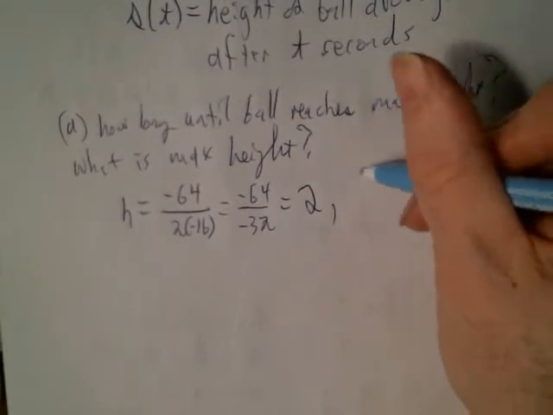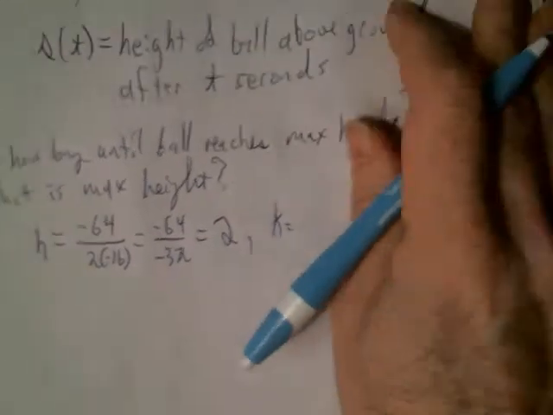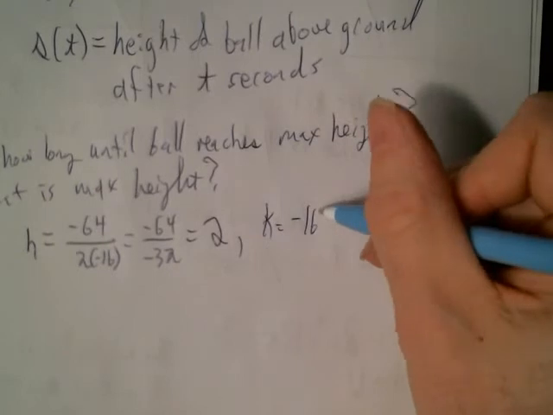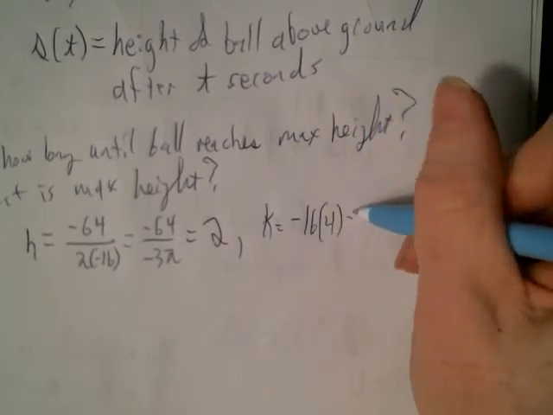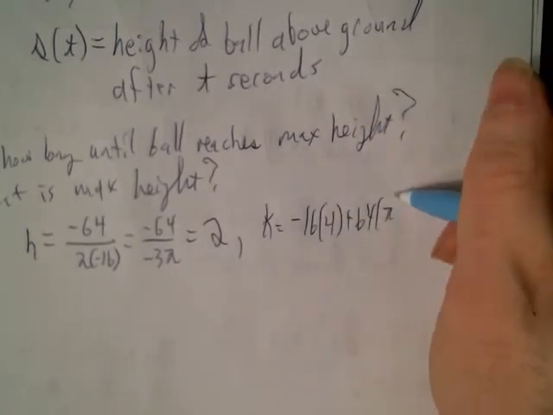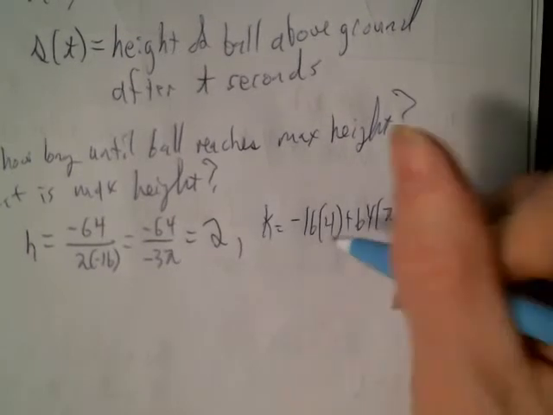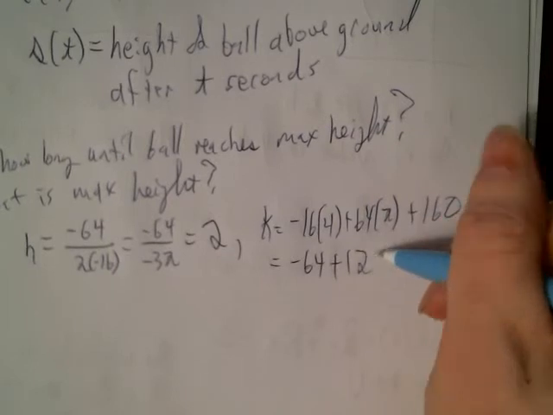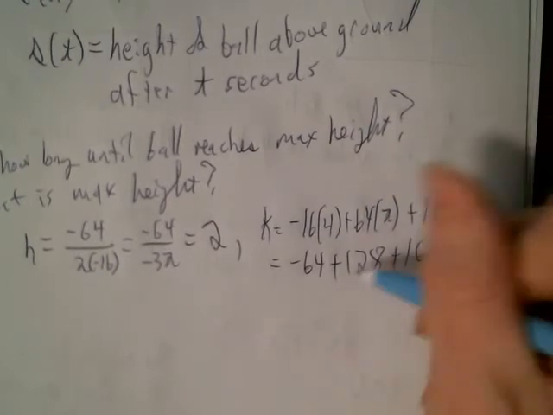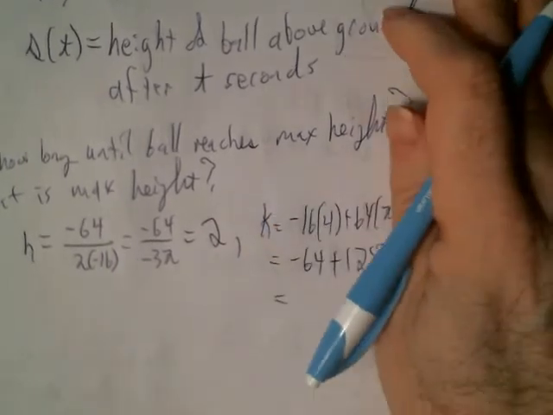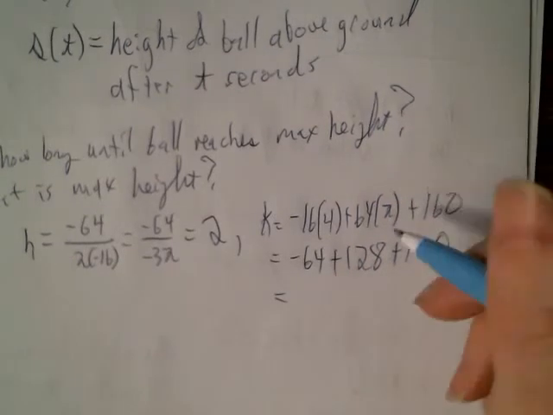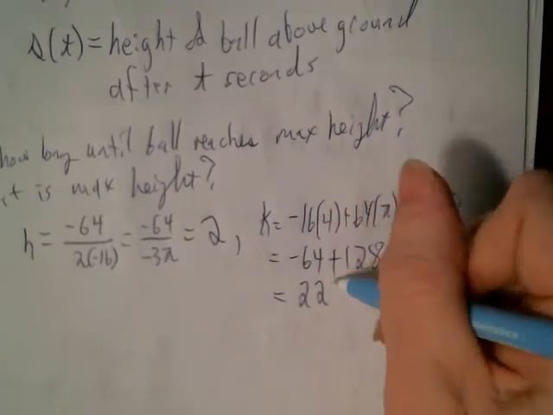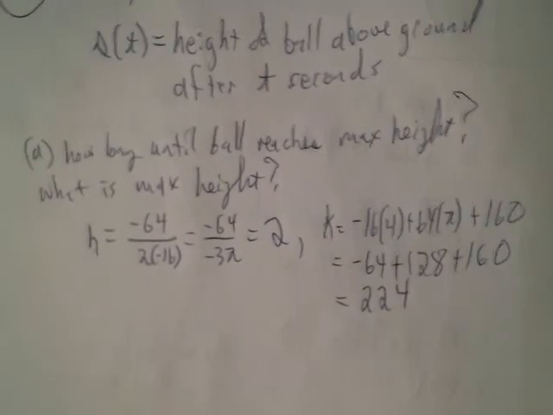Then plug that back in. So k is negative 16 times 2 squared, which is 4, plus 64 times 2 plus 160. So that's negative 64 plus 128 plus 160. And then that just equals 224. Okay.